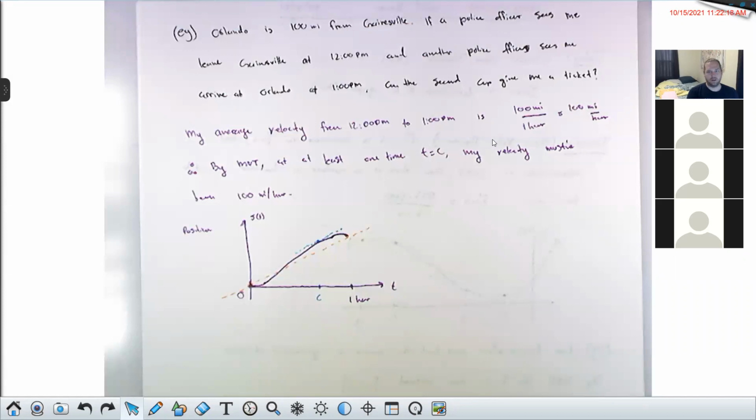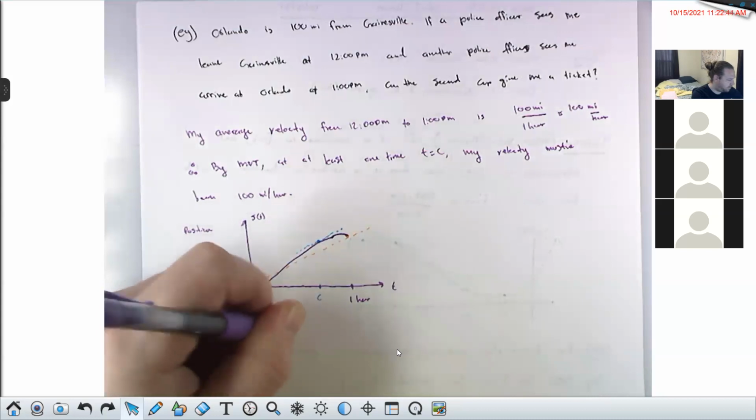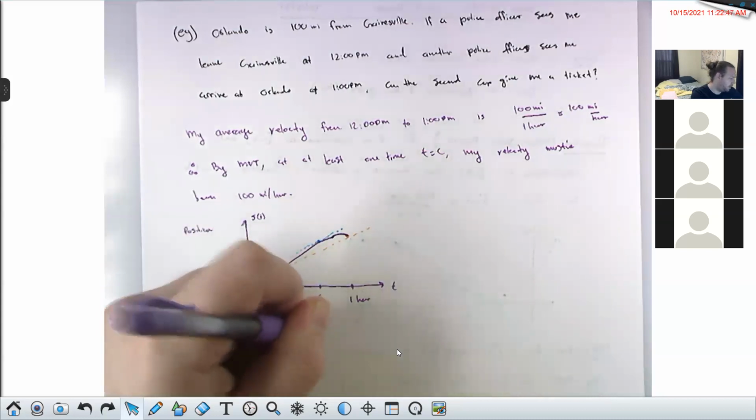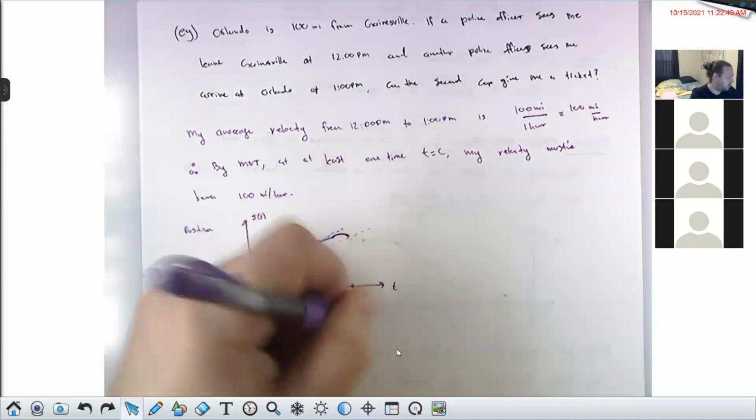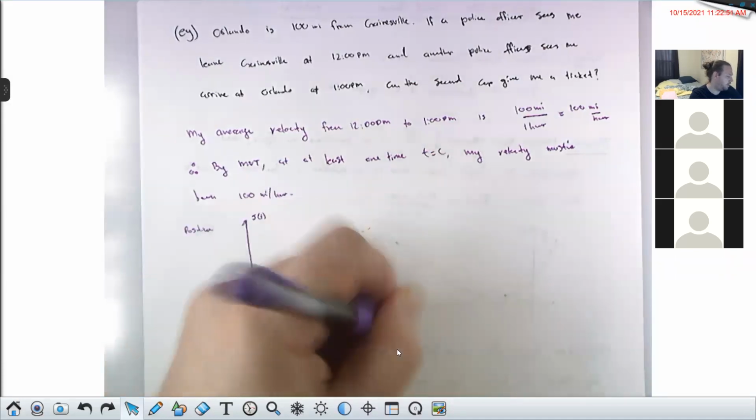So if your position function is smooth, then any average velocity has to be attained at some point. You cannot travel at a certain average speed without at some point going that exact speed, which I think is a neat example. So what we've shown here is that V of C, which would be S prime of C, equals 100.